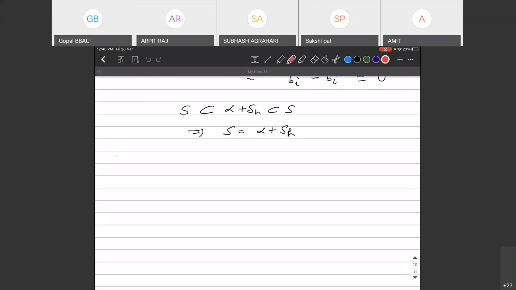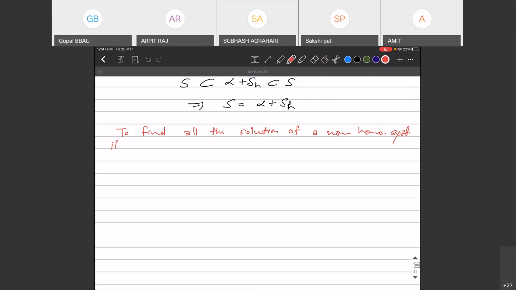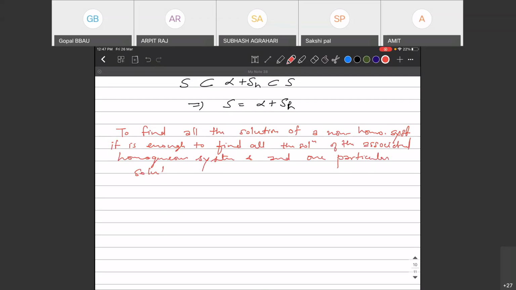To find all the solutions of a non-homogeneous system, it is enough to find all the solutions of the associated homogeneous system and one particular solution of the non-homogeneous system. Do you see this?